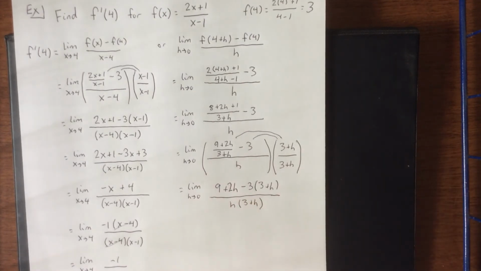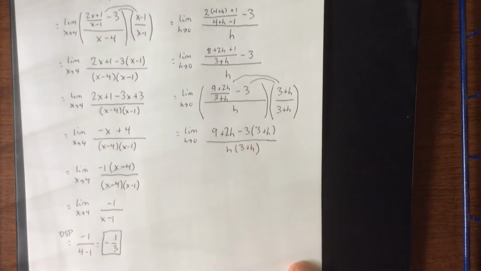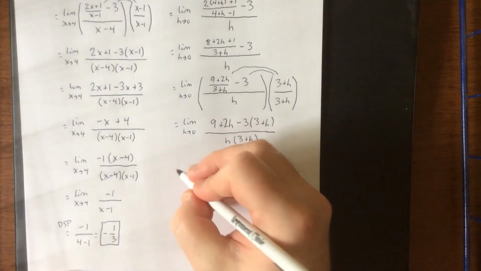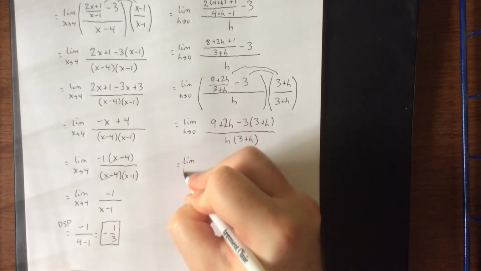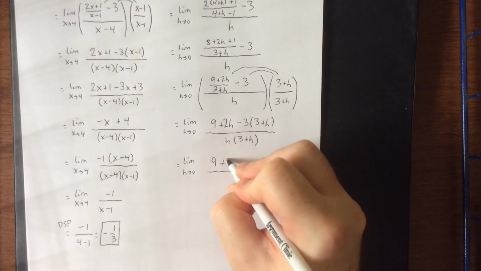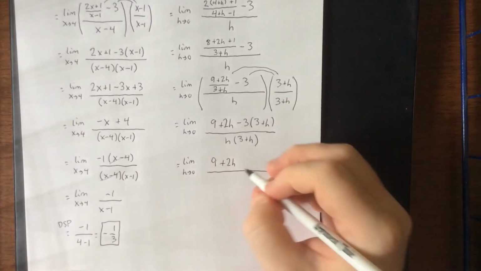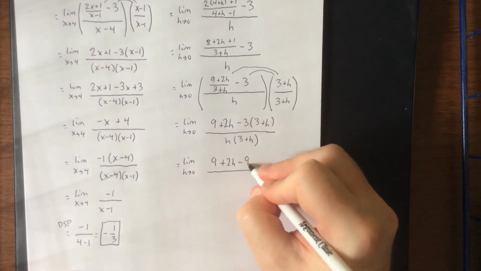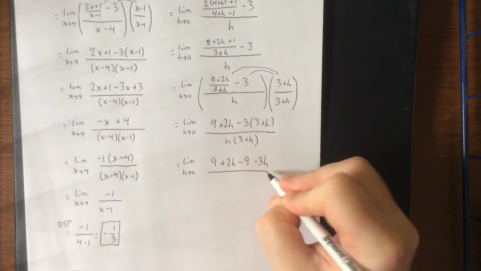The rest of the algebra is going to look very similar to the first method. We're going to combine some like terms and then see if we can cancel something in the denominator. So applying our distributive property, we'll distribute the negative 3 to get a minus 9 minus 3h.